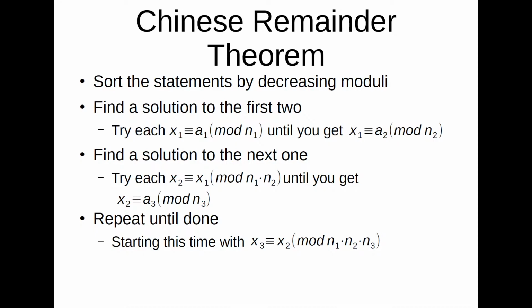After that, you'll find a solution to the next one, but the difference is this time you're trying each x2 which is congruent to x1, but you have to do it mod n1 times n2 until you get x2 which is also congruent to a3 mod n3. And you'll repeat these steps until you've gone through all of them, but the next one would be x3 is congruent to x2 mod n1 times n2 times n3.